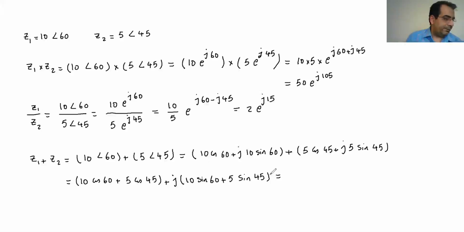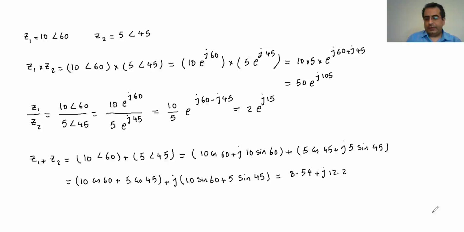And if I have done everything right, it should come out as 8.54 plus j12.2. So you can see that if you want to multiply or divide, just use the polar format or exponential format. If you want to add or subtract, convert them to the rectangular form and do that.